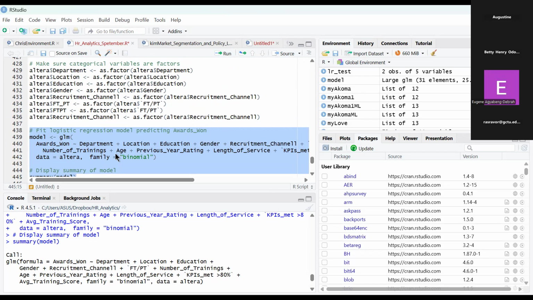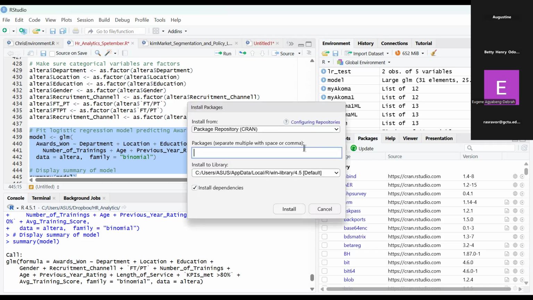Prof, with Betty's error, I also had the same error initially, and I realized that I had not installed the lmtest package, so I had to install it and run it before I was able to get the LR test summary. I think most of us don't have it.